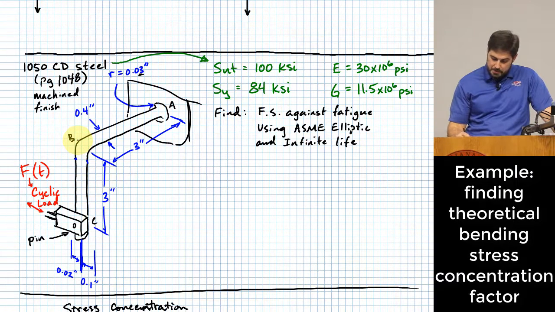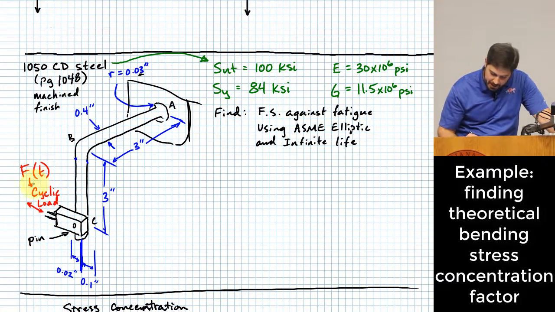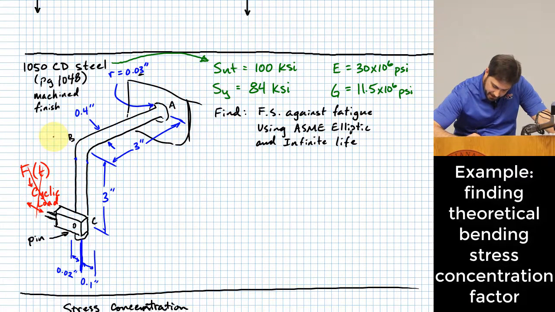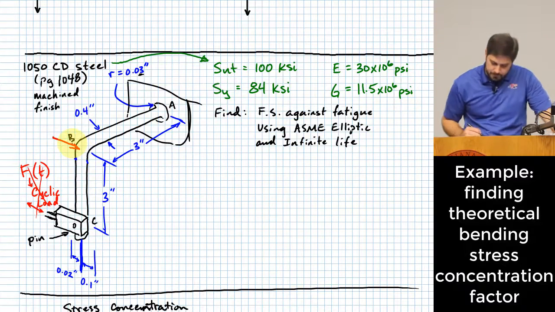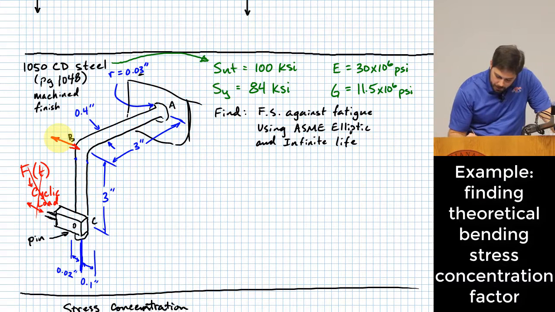Yeah, it also experiences a flexure, because we can kind of imagine this cyclic load of F sub t, you can sort of imagine it not being applied down here, and instead imagine it being applied right here, okay, in the same direction as it was, along with what else?